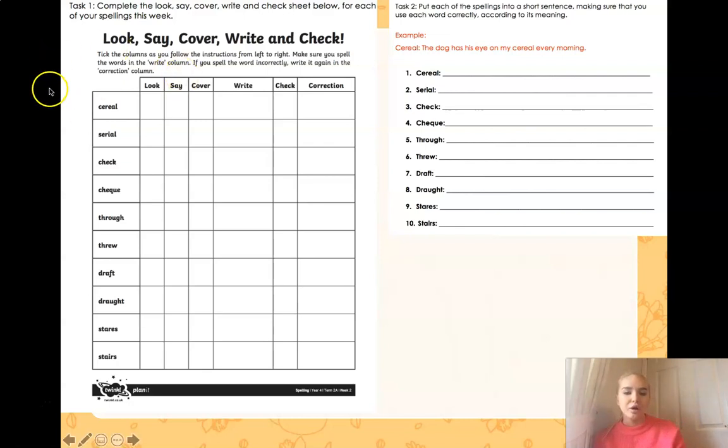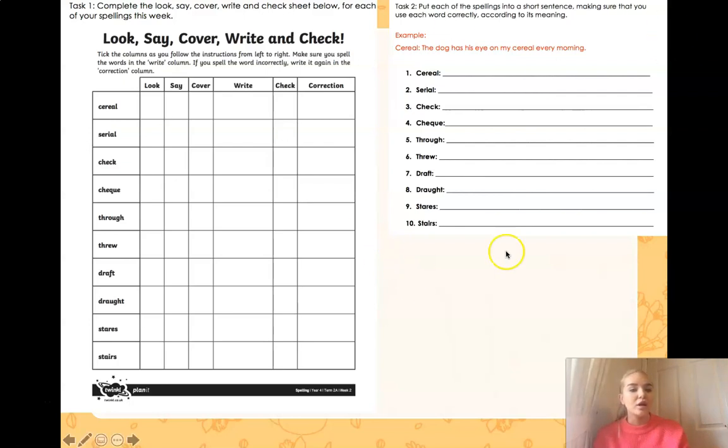So you'd look at the word, you'd say the word cereal, you'd cover the word, you'd write the word, still having it covered, you'd take your hand off, check, give it a tick if you got it right, or a cross if you haven't got it right, and if you haven't got it right, then now is your time to correct it. Okay, so look, say, cover, write, uncover, check, tick or cross and correct. And that will help you learn your spellings.